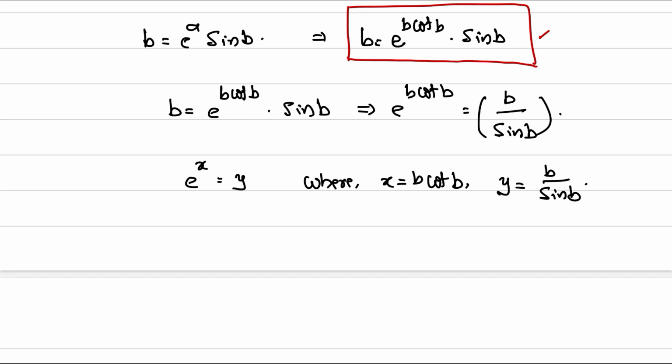Now, e to the power of x is equal to y will have many solutions.